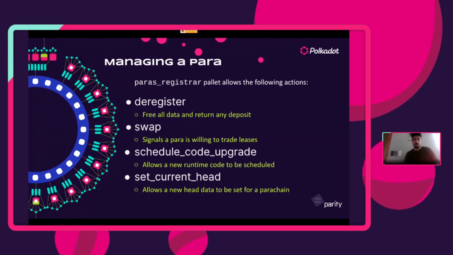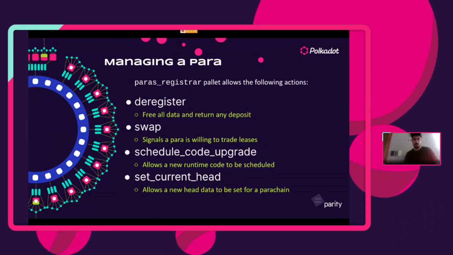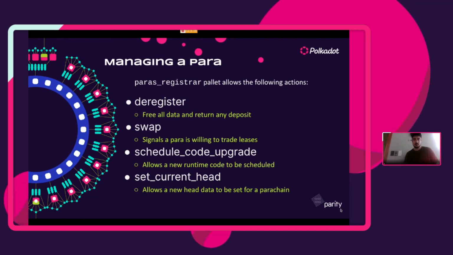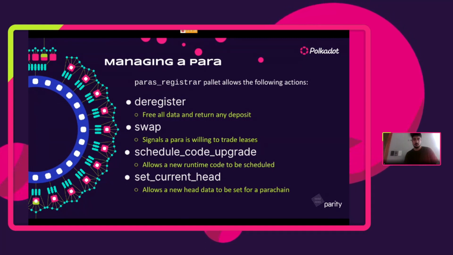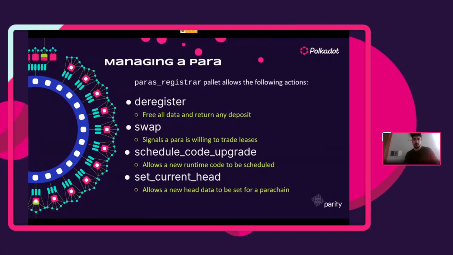We find ourselves in a scenario where these actions cannot be triggered from the parachain side, and we need to take action directly on the relay chain side, right? Maybe we need to open a motion. There are different paths to arrive here, but these possibilities exist and they are there to help manage the parachains.